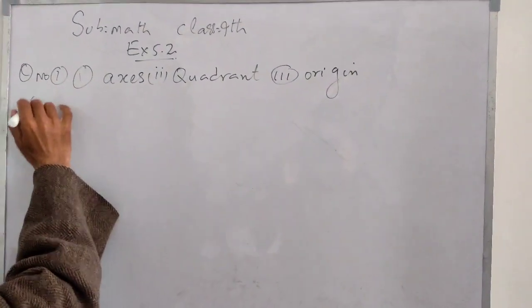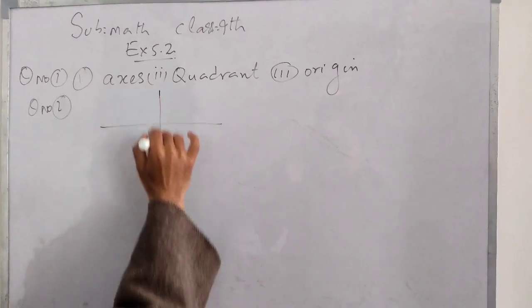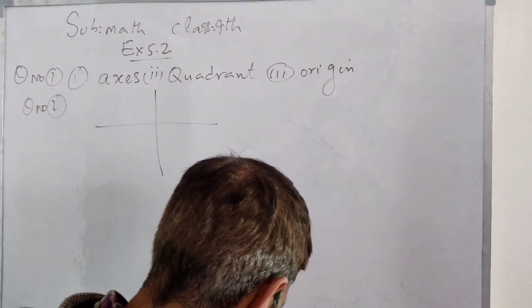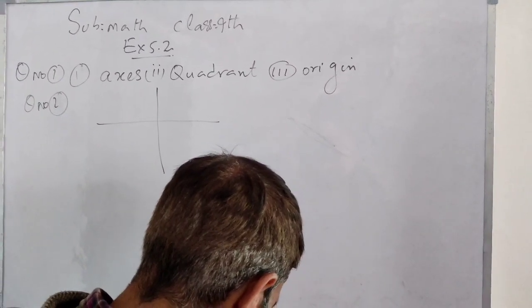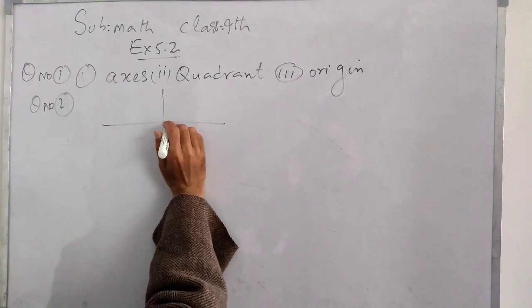Here, a Cartesian plane is given. In this Cartesian plane, there are some positions of the points we have to find. This is the Cartesian plane.